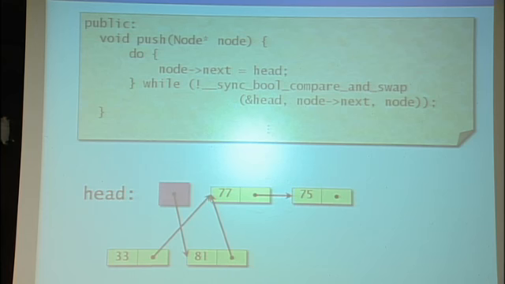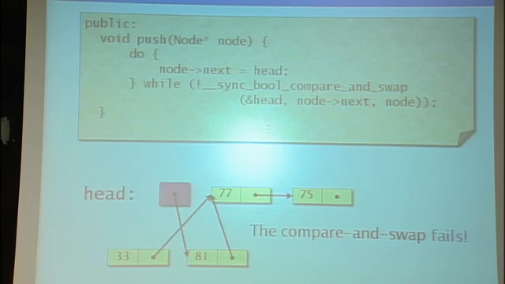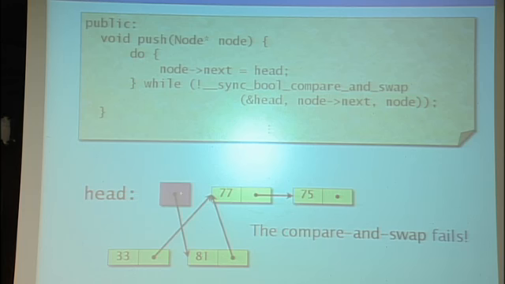When it looked, 77 was still the value that it expected, so it allowed that pointer to be changed. But now what happens when 33 tries? 33 tries to do the compare and swap, and it fails, because it's saying, I want to swap 33 in as long as the value of head is the pointer to the node with 77.